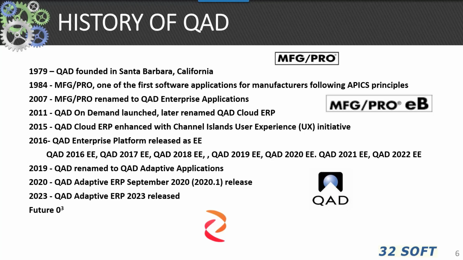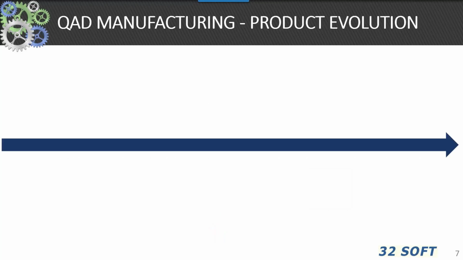Then in 2016, QAD came out with the Enterprise Platform, EE, along with a number of versions since then. In 2020, the QAD Adaptive ERP was released, and O3 is the way forward for QAD.